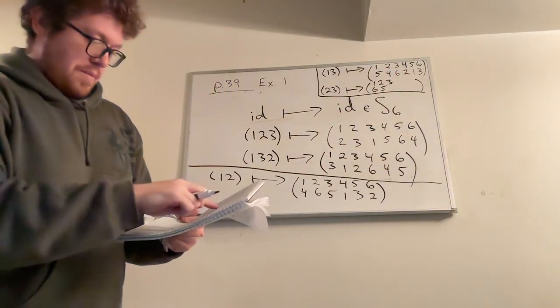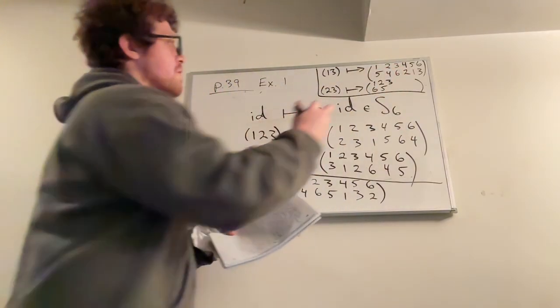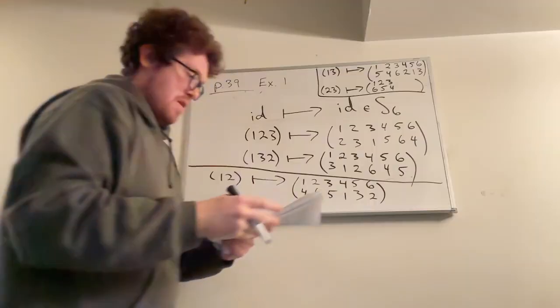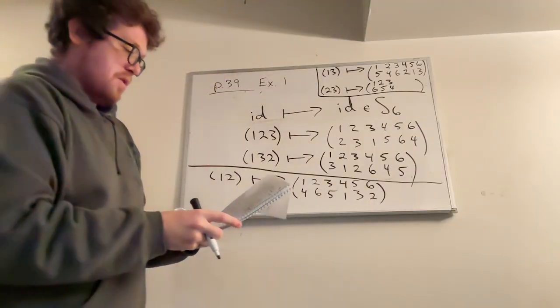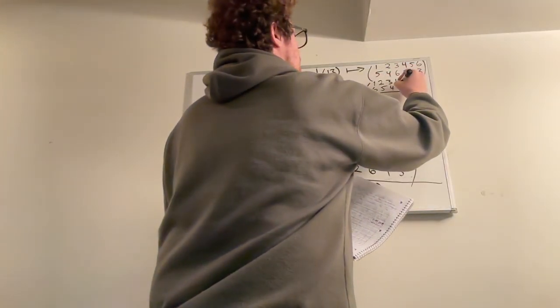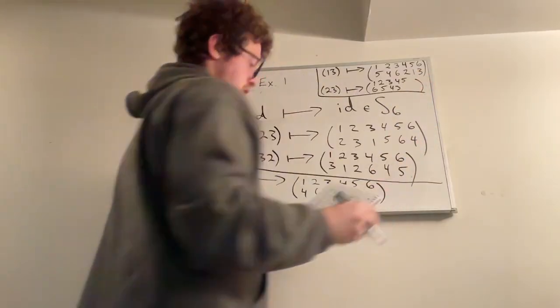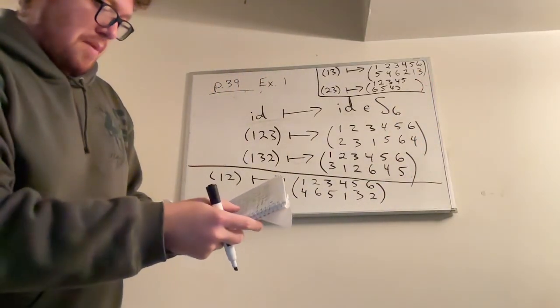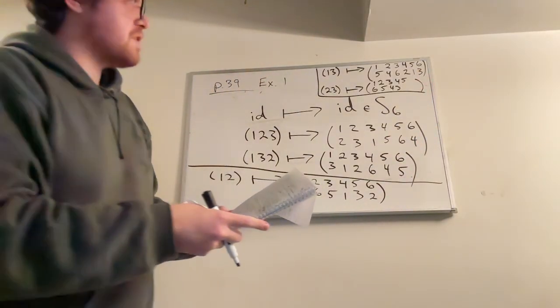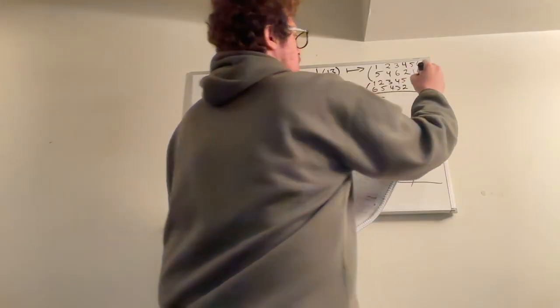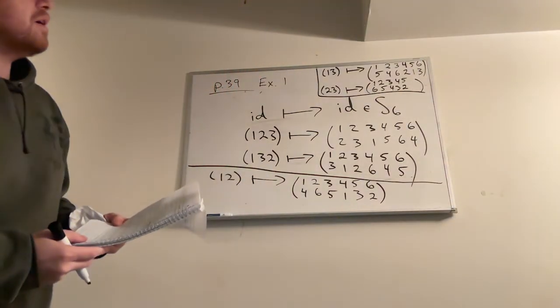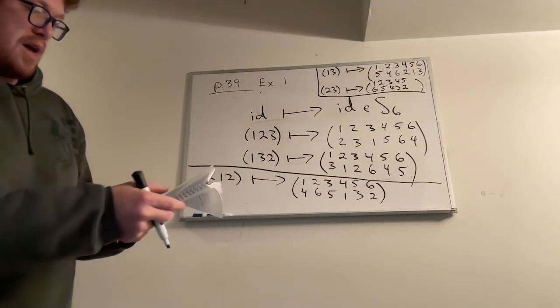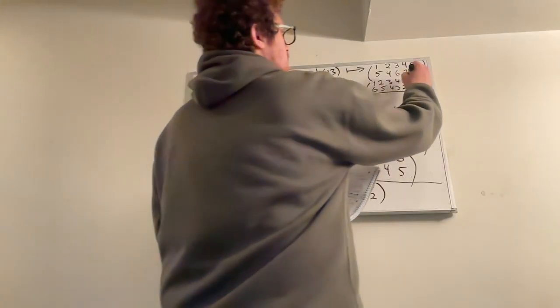The third one maps to the fourth. Fourth maps to the third. The fifth maps onto 1, 2, 3, which is the second element. And then we're only left with one left. 6 has to go to 1, and it does. It goes to the identity.